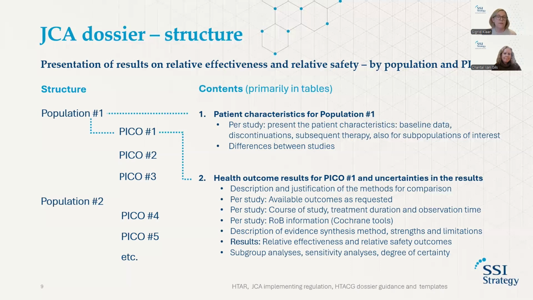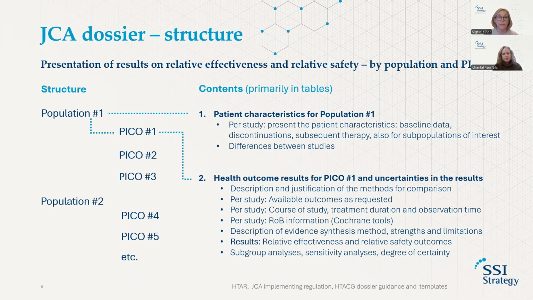So that's the actual results on relative effectiveness and relative safety. And this is structured based on the population. So you start with one population and go through all the PICOs that apply to that population. And you will then, per study, have to characterize the patient population, how it covers the PICO, any differences between the studies.